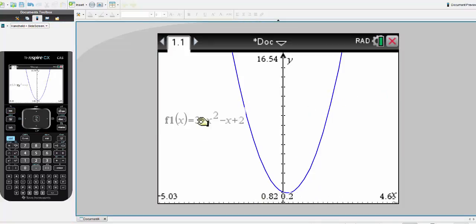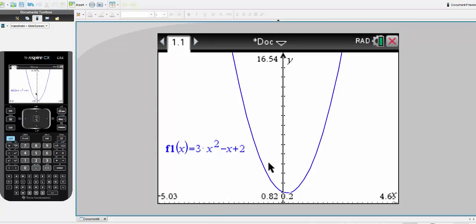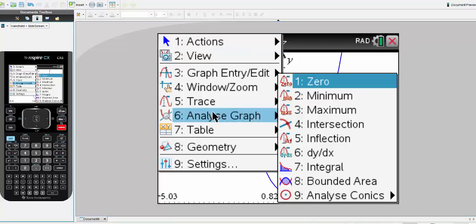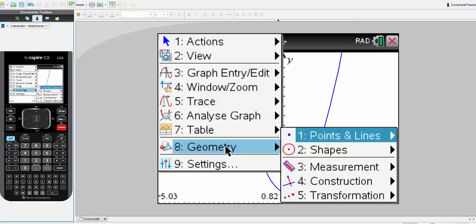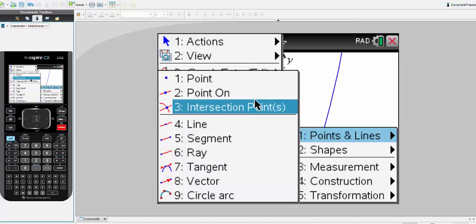Then I can grab this and move it somewhere here. So what was the question again? Where x is equal to 3. So let's go back. Here we go, x is equal to 3. I'm going to go to geometry, points and lines, and then point on the curve.